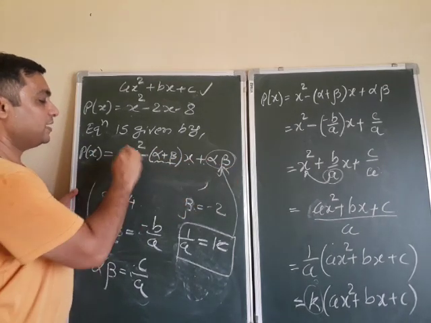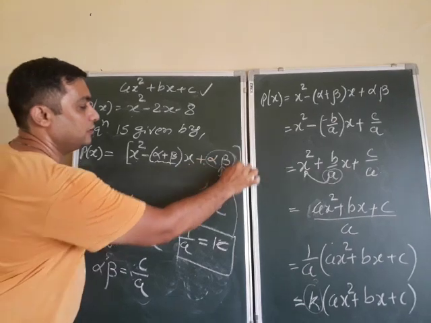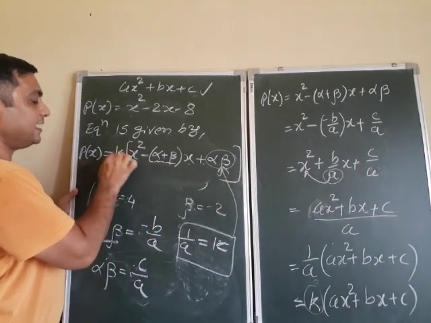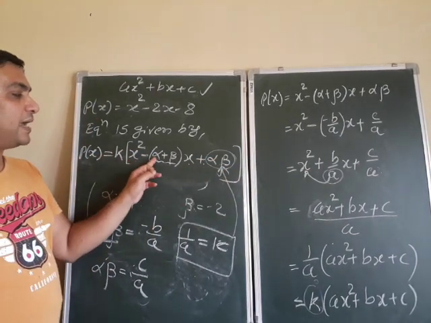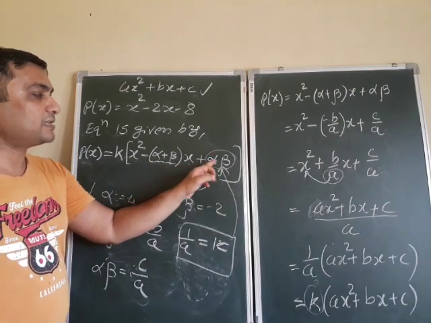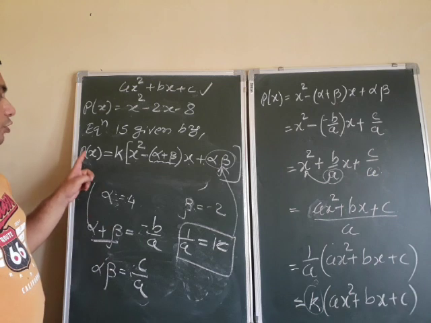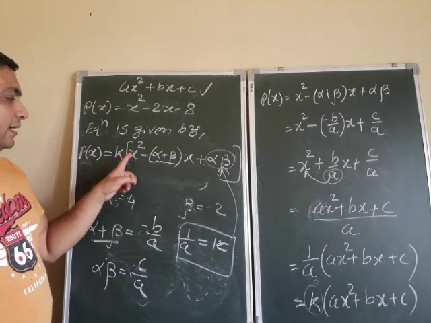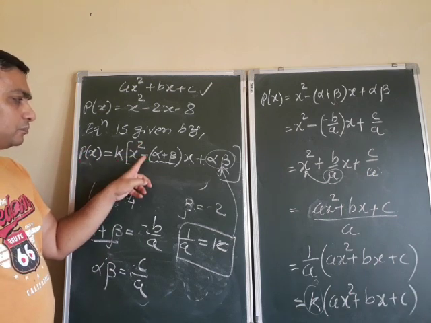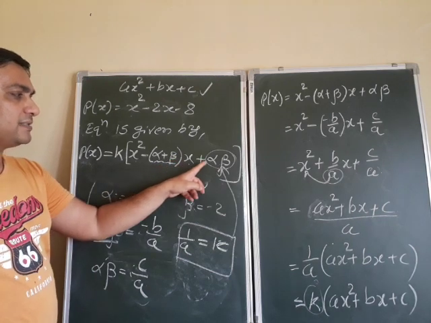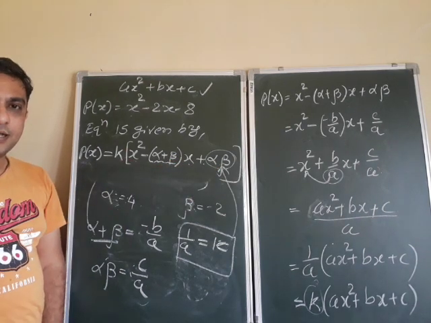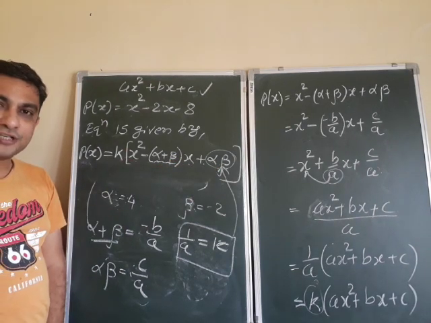But instead of this, I write k in bracket x square minus alpha plus beta into x plus alpha into beta. So polynomial is given by k in bracket x square minus alpha plus beta x plus alpha into beta. Chaliye, all of you understand?